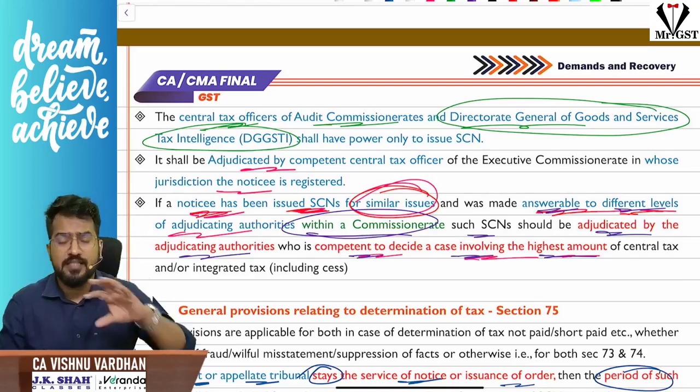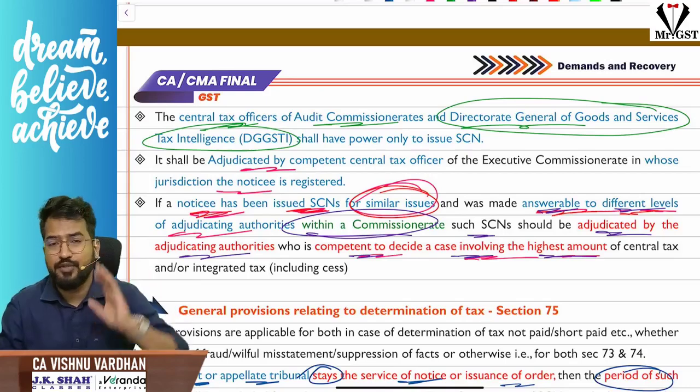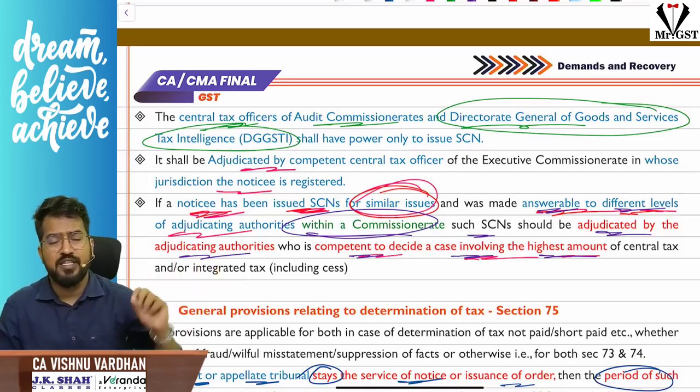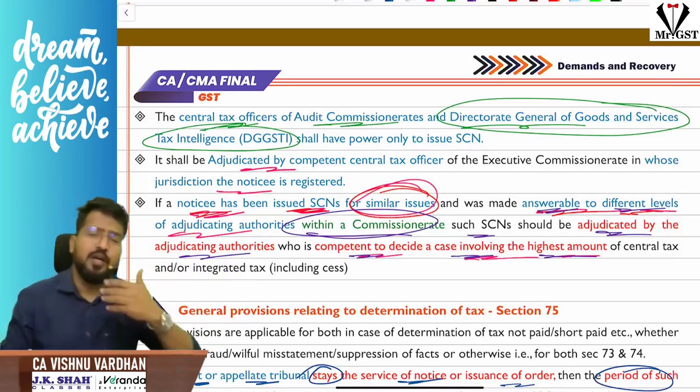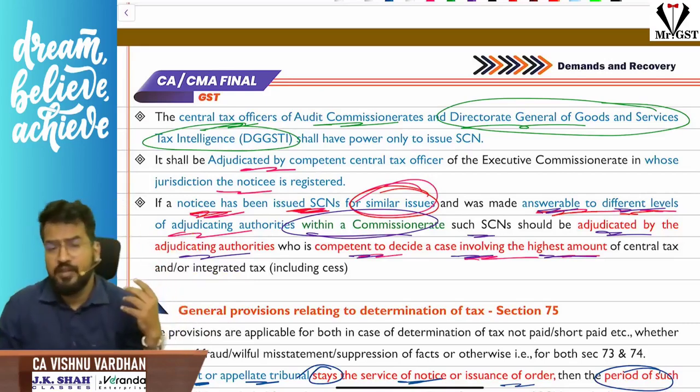That means different levels of authorities have given show cause notices. Some amount is related to maybe 15 lakhs, for one financial year it is related to 1 crore, another financial year it is related to maybe 3 crores, 4 crores, like that.